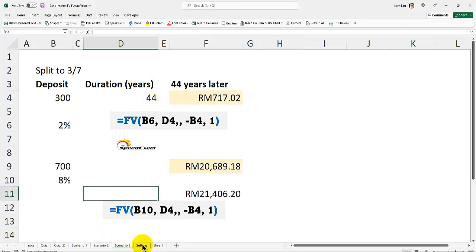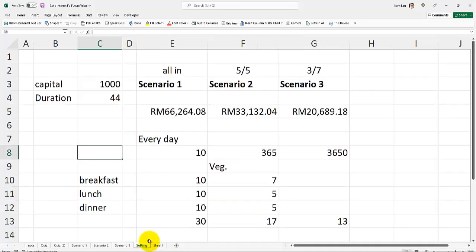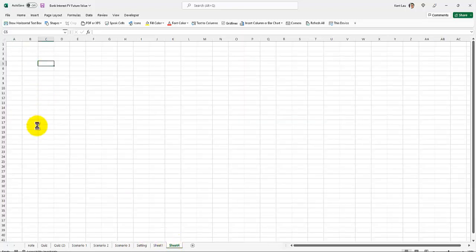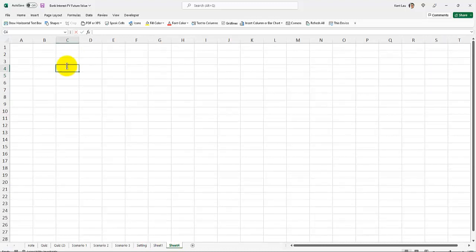So say you want to get all this money since now your age is, say, in 2023 you are age 20. Okay, this is 20.